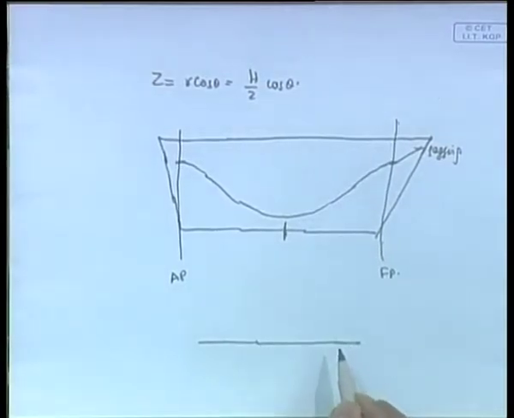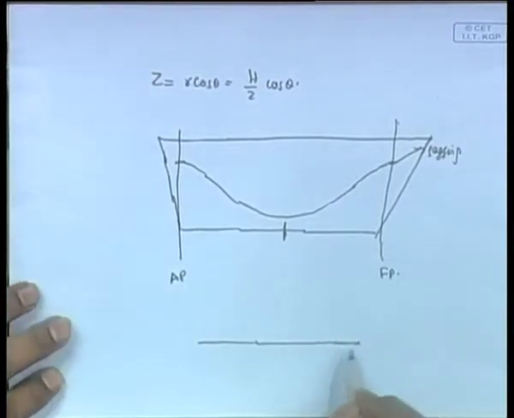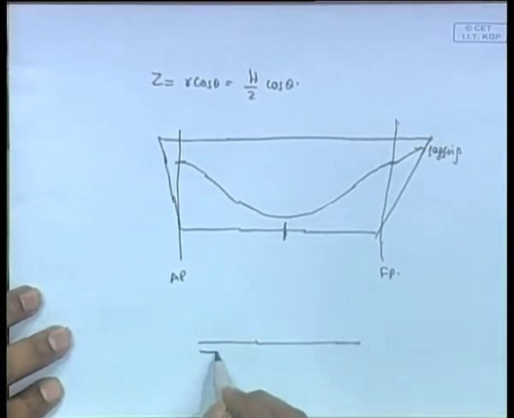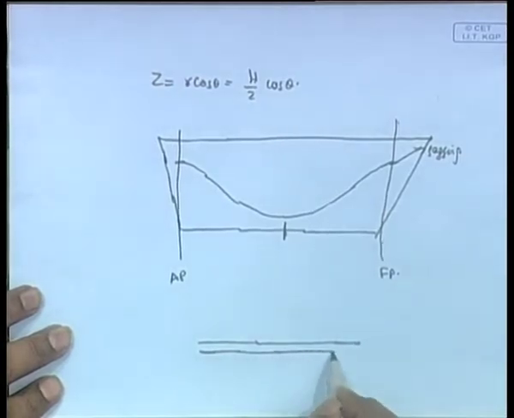So, if you consider this to be that line, in the case of a trochoidal wave, it does not, unlike a sinusoidal wave for instance.